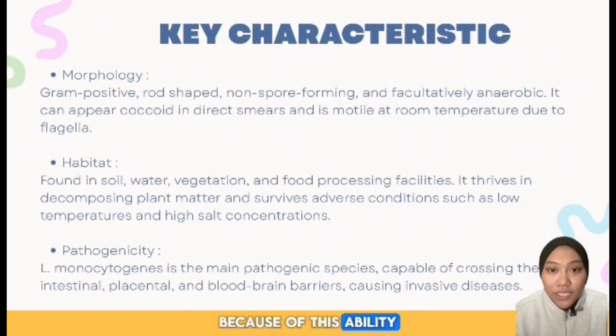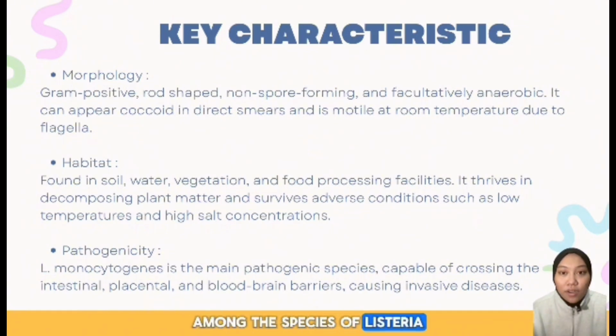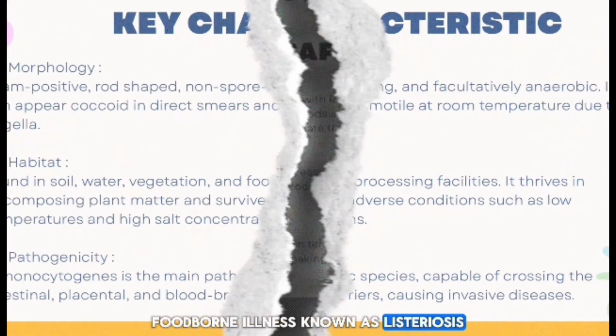Because of this ability, Listeria monocytogenes can still grow in refrigerated foods, making it difficult to control in food industries. Among the species of Listeria, Listeria monocytogenes is the main pathogenic species that can cause the foodborne illness known as listeriosis.